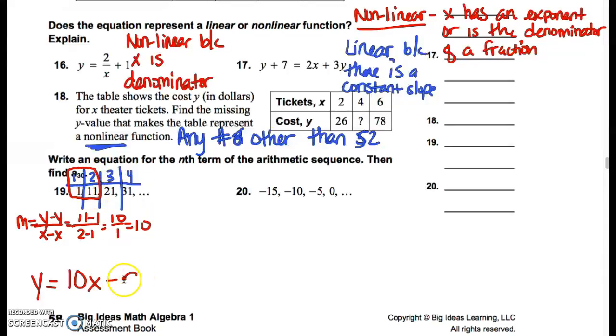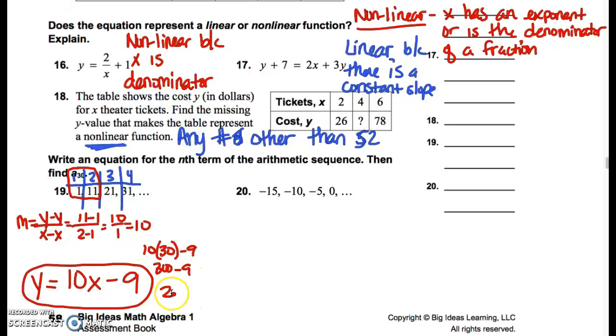I would have to subtract 9. 10 times 3 is 30, minus 9 is 21. So once you get that slope, your y-intercept part is just figuring out how you get back to that y value. Okay? And then we need to find the 30th term, so just plug in 30. 10 times 30 minus 9, 300 minus 9 is 291. So there's the second part there.